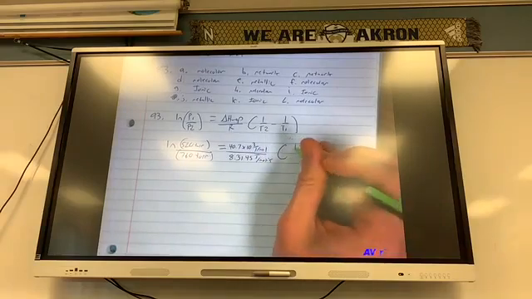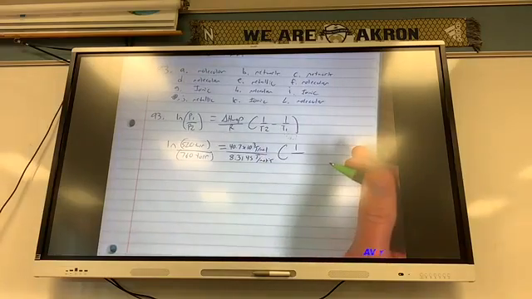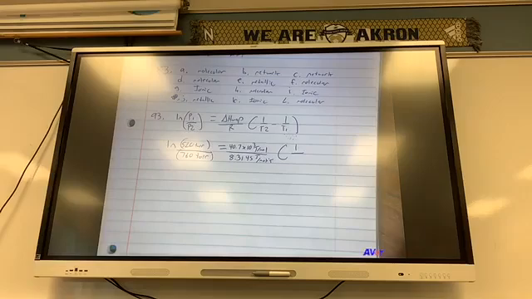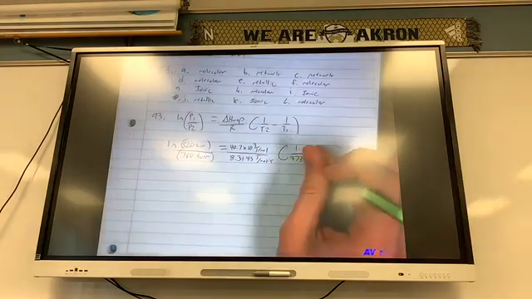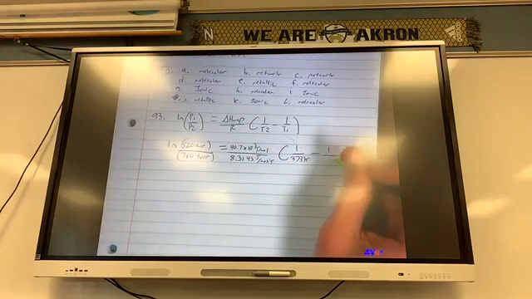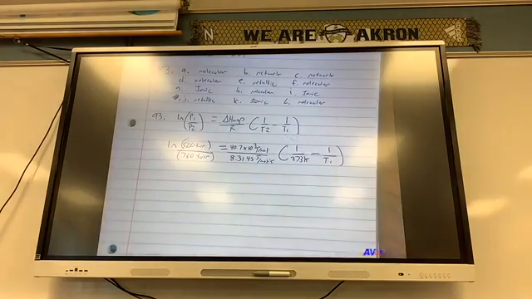That whole thing times 1 over, what's my T2 going to be? 100 degrees Celsius. Okay, 100 degrees Celsius is what temperature in Kelvin? 373 Kelvin. Why did I say Celsius? Minus 1 over T1. Solve for x.